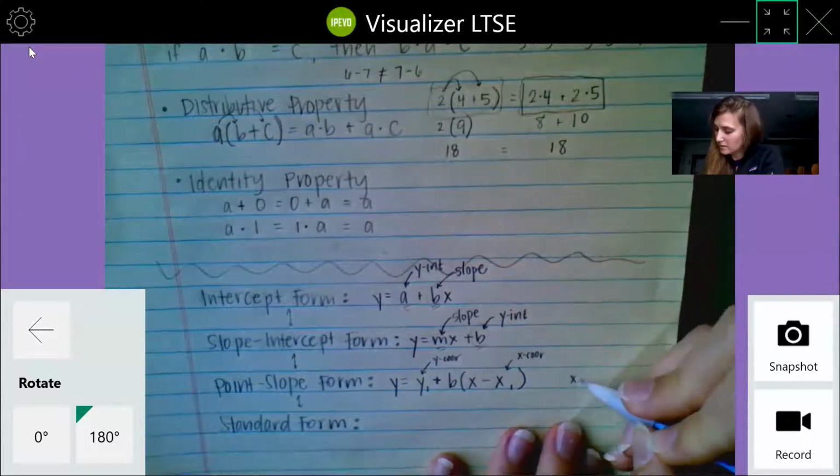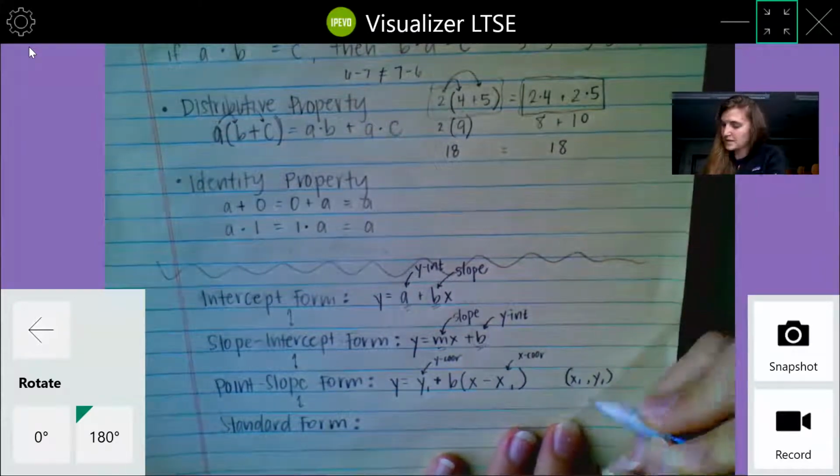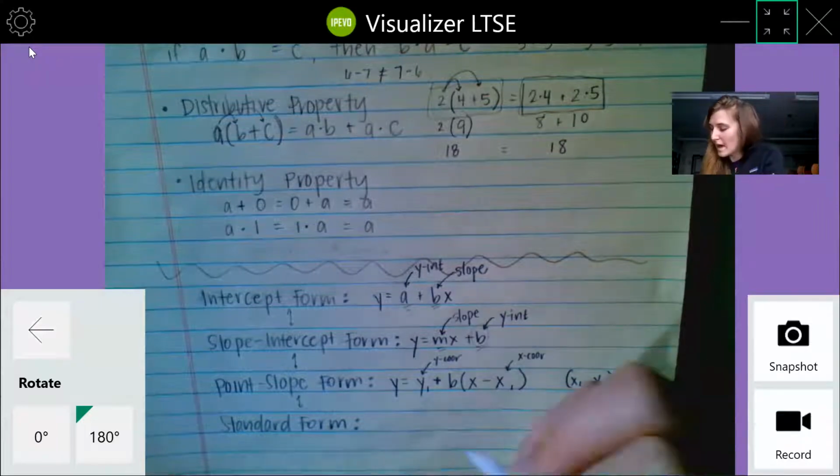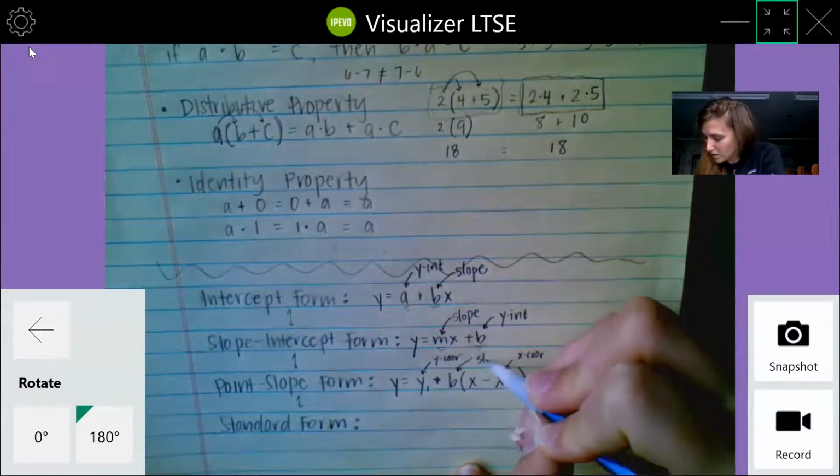So x1, y1 is a point on our line. And then again, b is our slope.